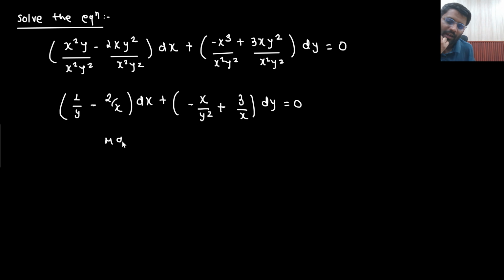So it is your M dx plus N dy equals 0. Partial differentiation of M with respect to y will be minus 1 by y square.